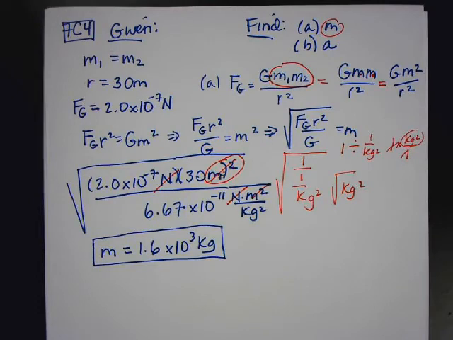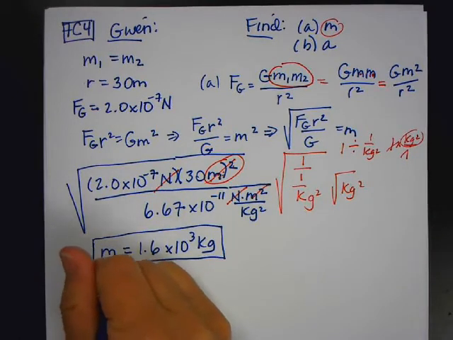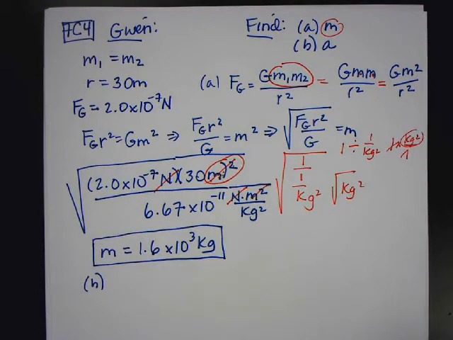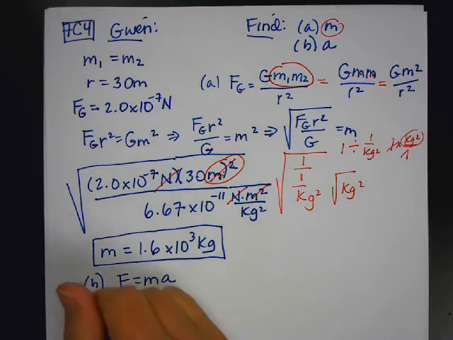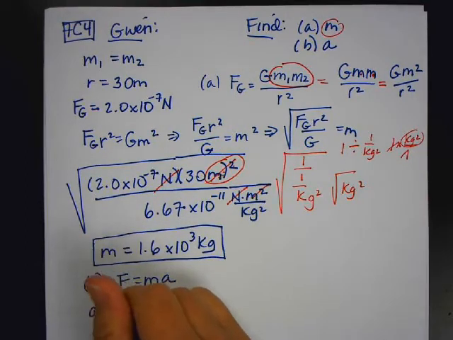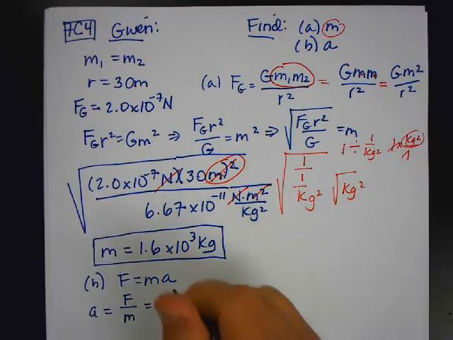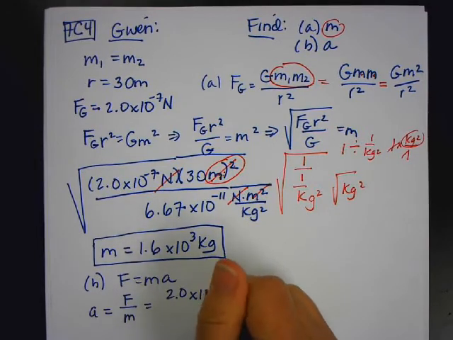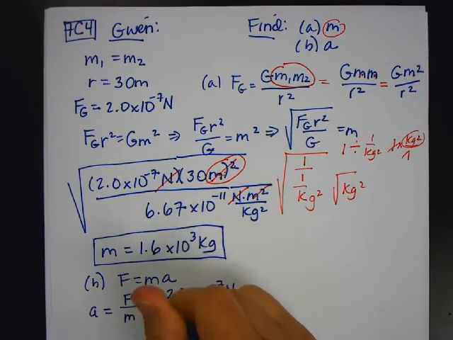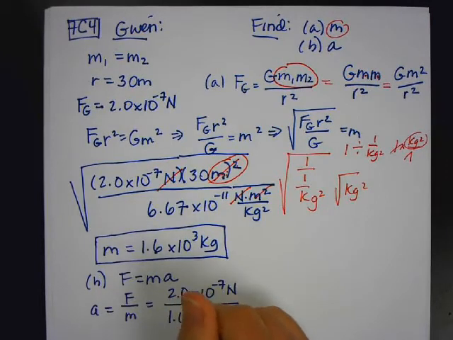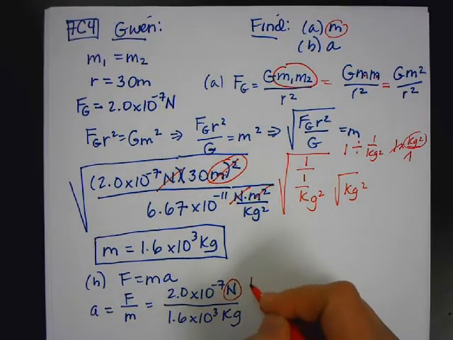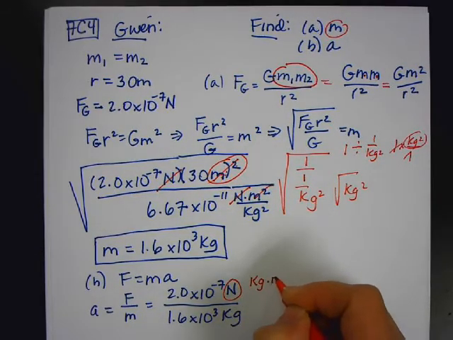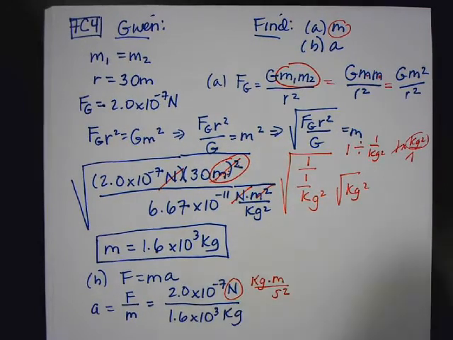So that's part A. So now part B asks me what's the acceleration. Well, I know Newton's second law says F is equal to ma. So a is equal to F over m. So my force, 2.0 times 10 to the negative 7 newtons, divided by the mass that I just found, kilograms. Now if I want to check my units, a newton is a kilogram meter per second squared.